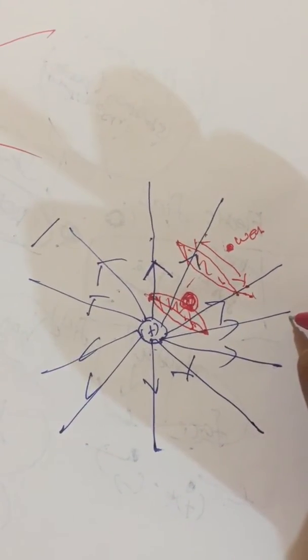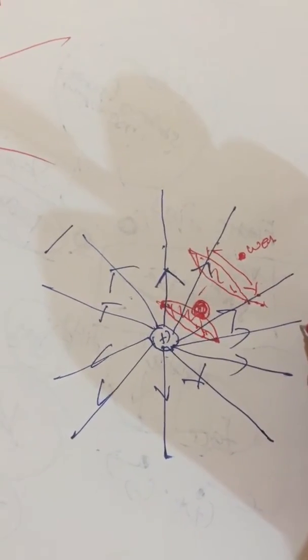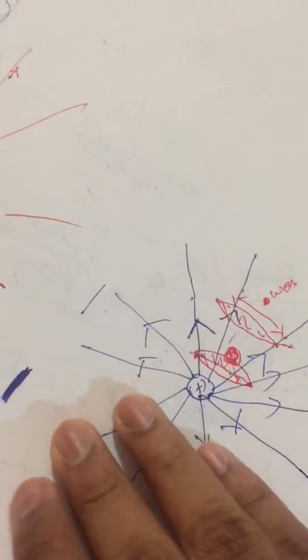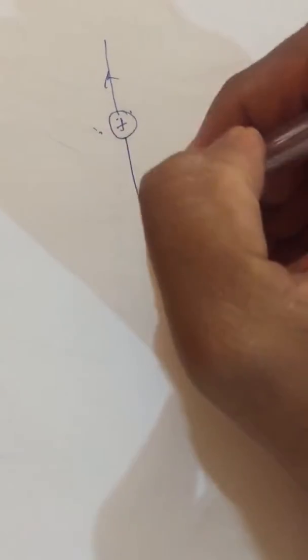Okay? This is the case for a positive charge. So if you draw for a positive charge which is spherical, then this is how it's going to look like.